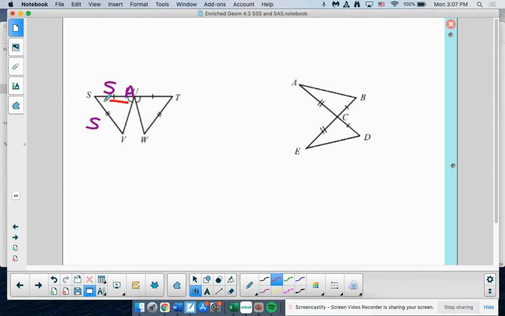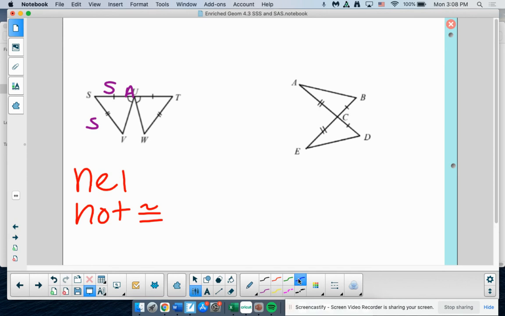It doesn't work because we needed it to be the included angle right here. We needed it to be angle S. It's the wrong angle that's congruent. So we actually don't have enough information here to say that those two triangles are congruent. So not enough information, not congruent. NEI, not enough information. We have the wrong angle.